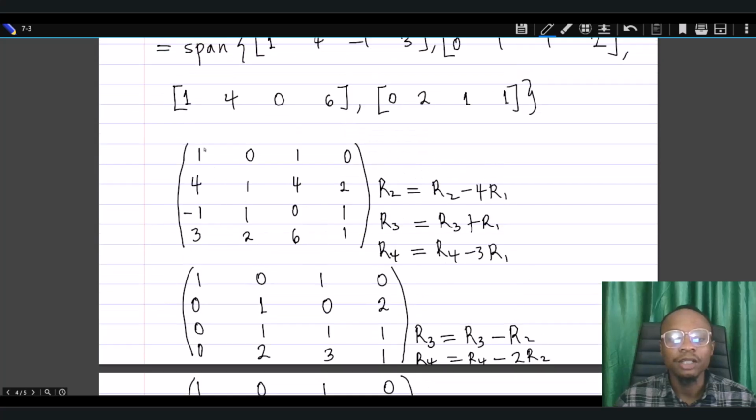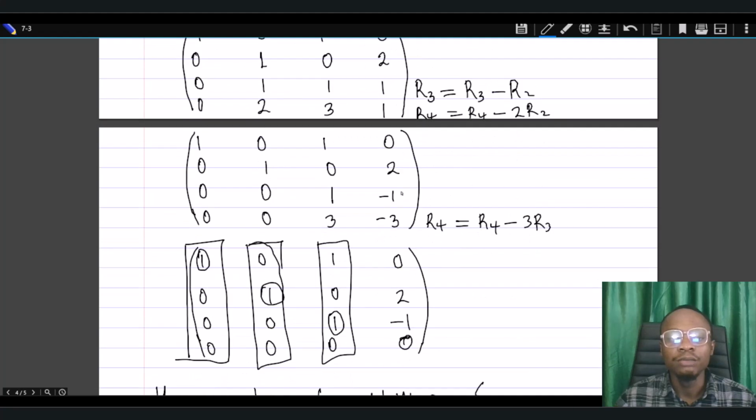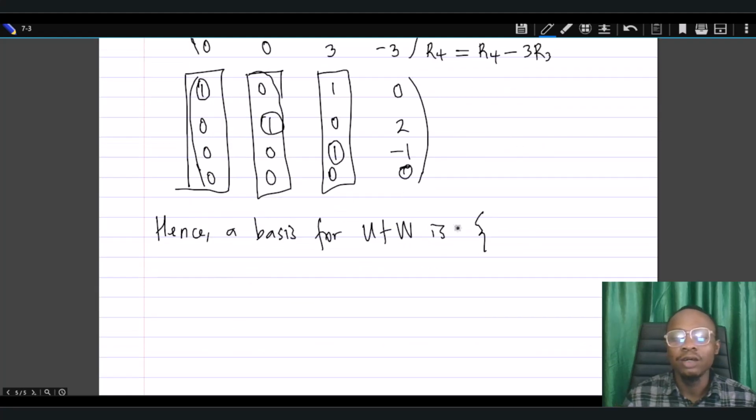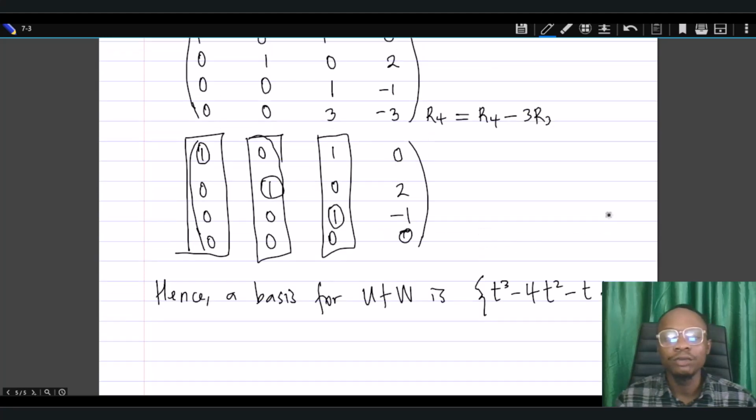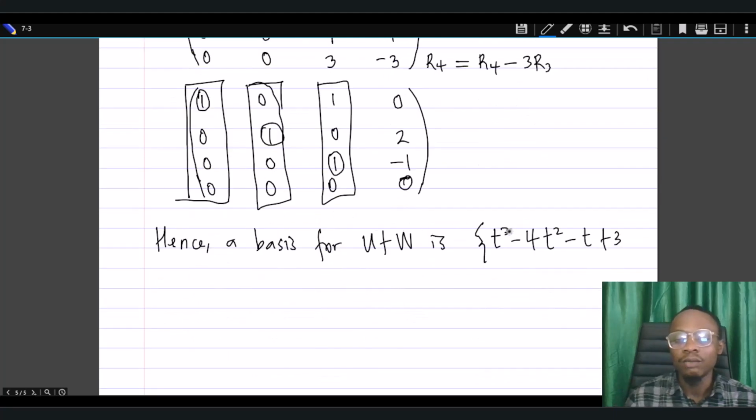That is 1 4 minus 1 3. Putting that in its context, that is t cubed minus 4t squared minus t plus 3. Okay, this is meant to be plus 4t squared. So 1 4 minus 1 3.